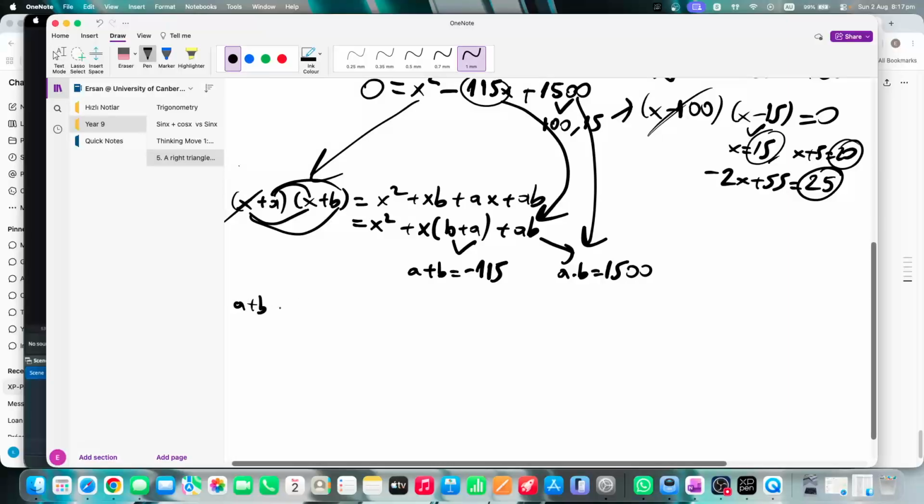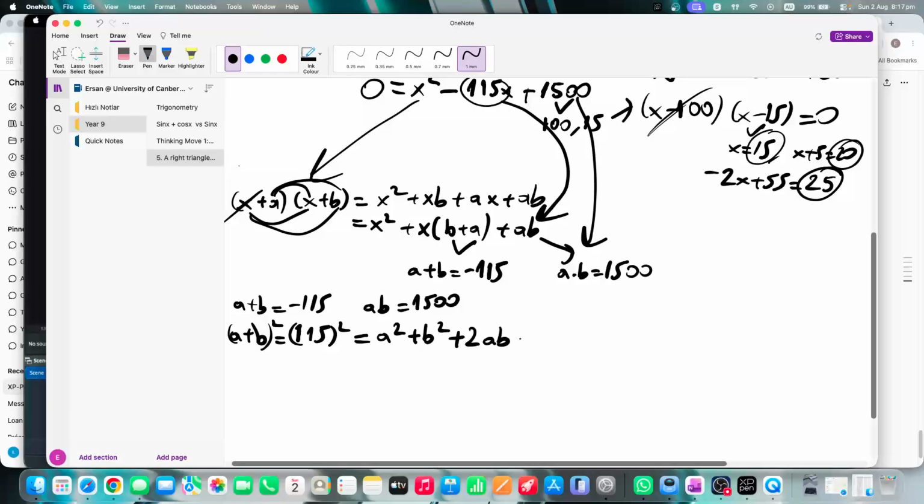So if a plus b is minus 115, and a times b is 1500, then if I just calculate a plus b squared, it's going to be 115 squared. But what does it mean? It means a squared plus b squared plus 2 times ab, and this is 115 squared.